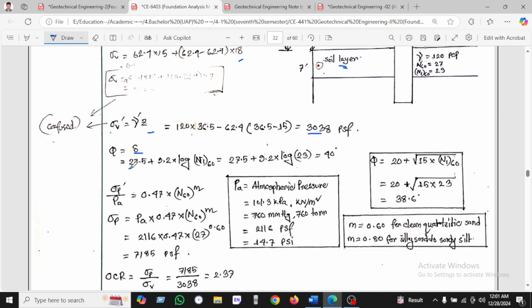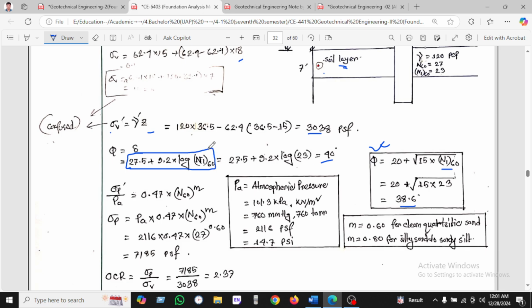to, we know that according to BNBC and ACI 318, phi equal to 27.5 plus 9.2 log N160, and putting all these values and found 40. Another method for getting the phi value is 20 into root over 15 into N60, and found 38.6.